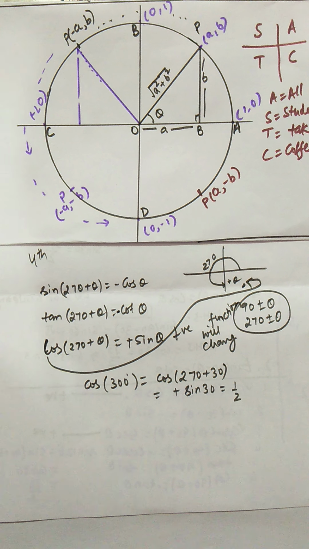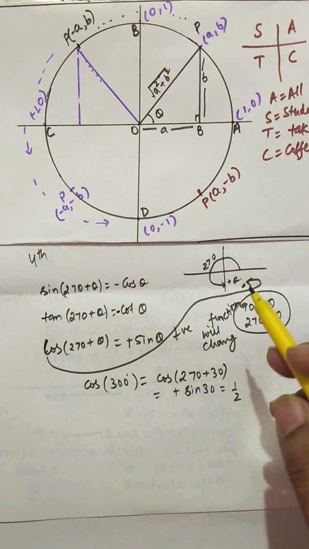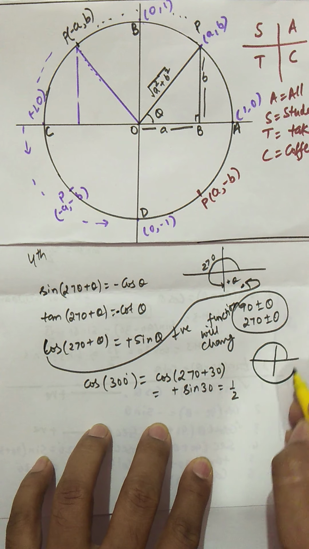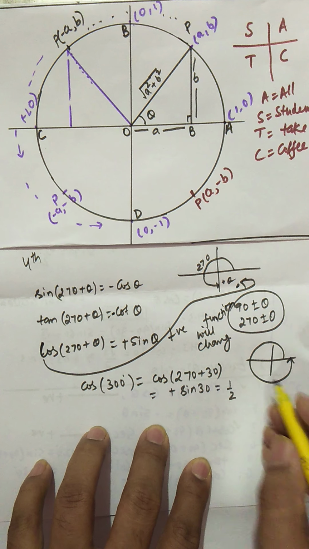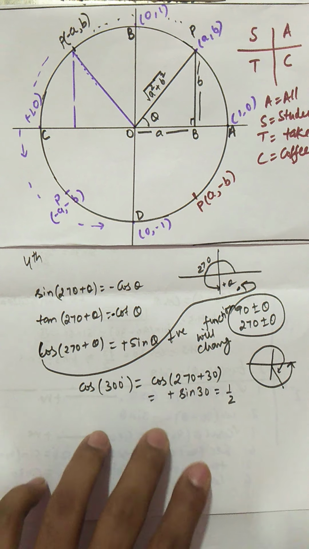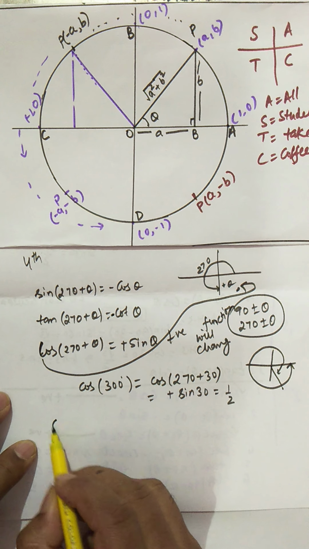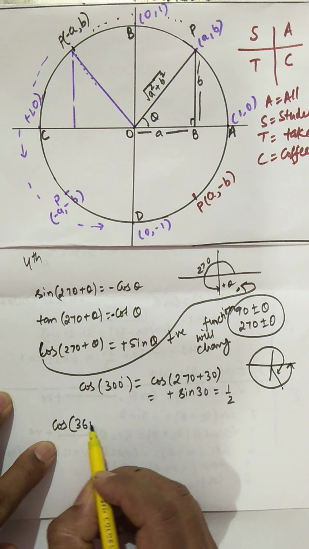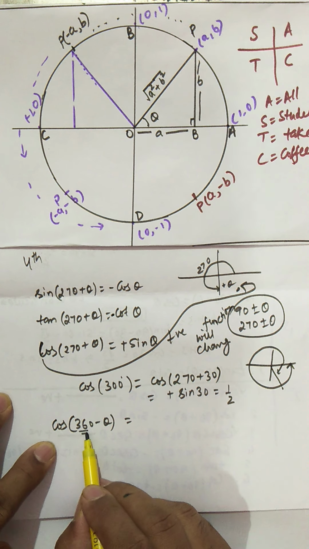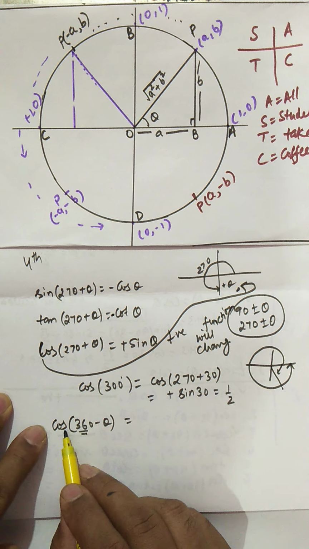Now you can go to the fourth quadrant in some other way also. How can you go? You can do 2 pi. You go up to one complete round, this is 2 pi, and you subtract something. So we land up in the fourth quadrant. If it is cos of 360 minus theta, the base is now 360, so the function will not change.